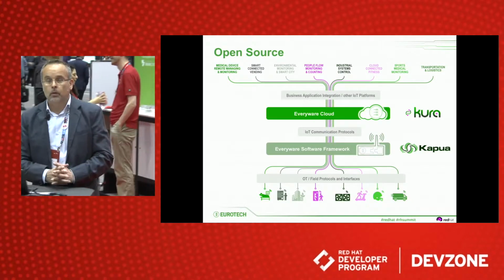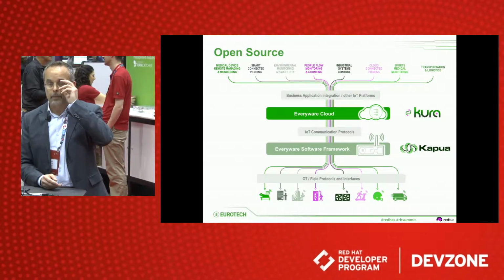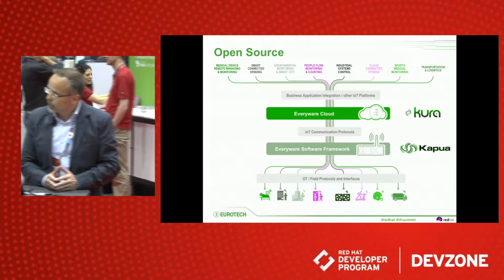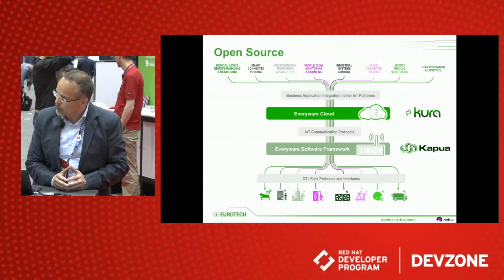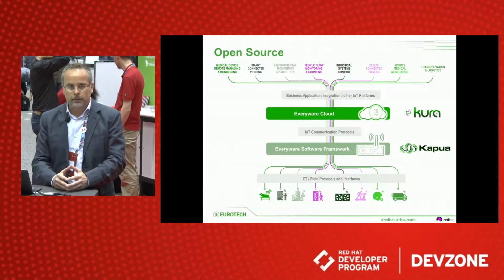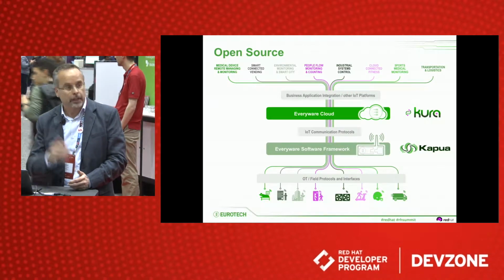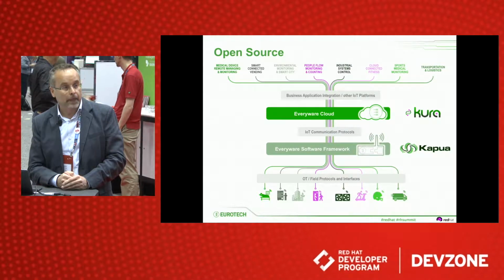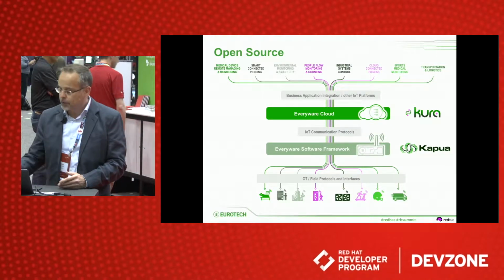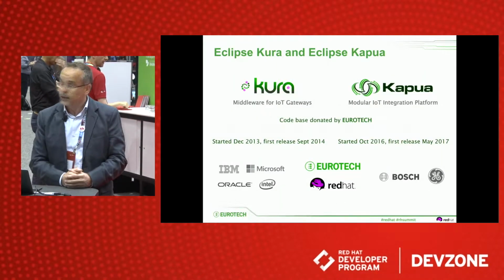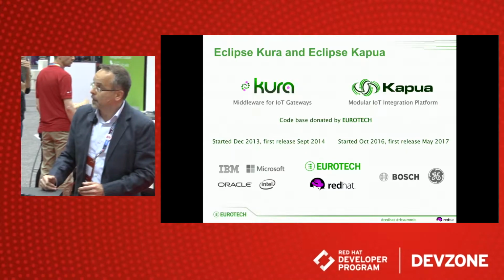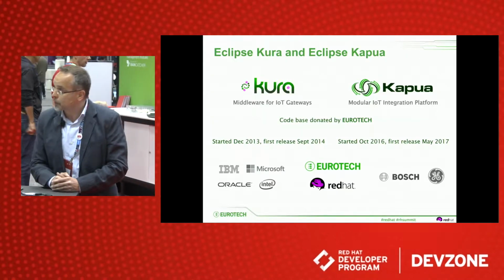One of the first topics is open source. Close to the Everyware Software Framework are Kura and Kapua, which have already been presented by Eclipse. Those are two Eclipse projects that Eurotech contributed to; the code base was donated by Eurotech.